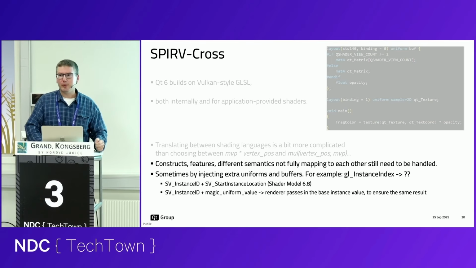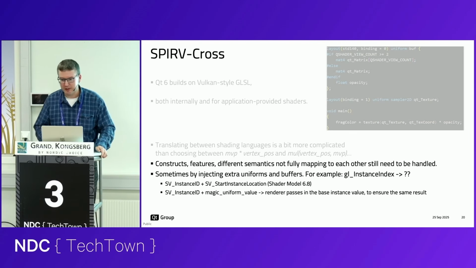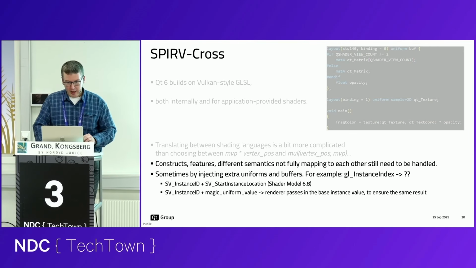So what do you do? SPIRV-Cross, or whoever implements this, has two choices. In very modern HLSL, the latest version, there is a system variable that tells you that base instance value, so you can generate code that adds this together: instance ID plus start instance location. But that will not work with the typical HLSL versions we use.